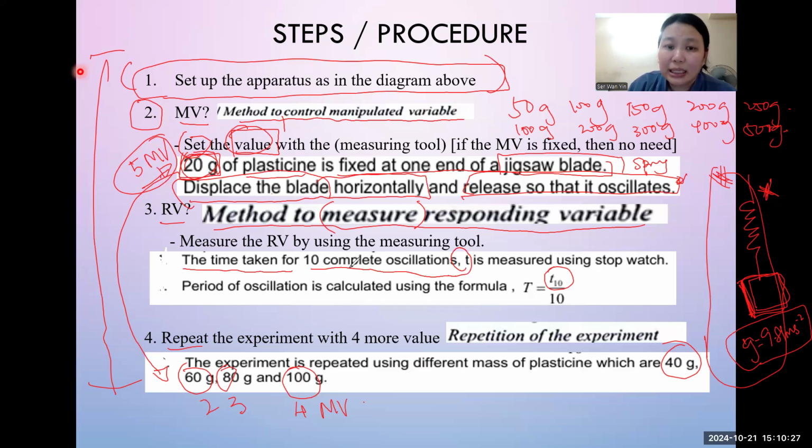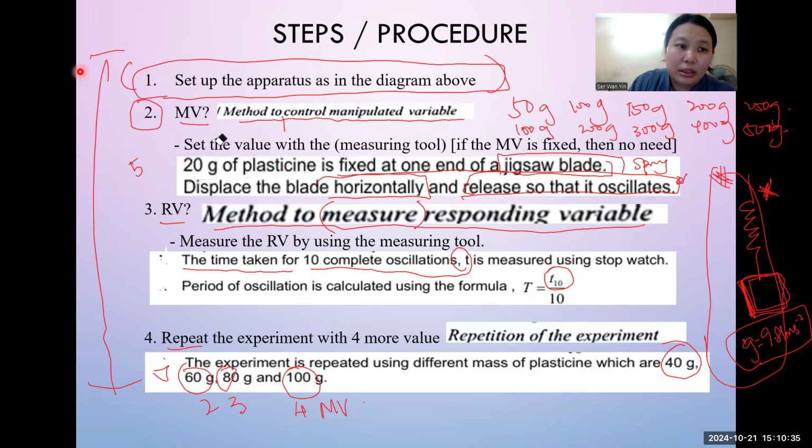Please write T, yeah? I prefer you all write this: plasticine of mass, comma, M equals 20 gram is fixed. Can you understand? You mention the manipulated variable is M, mass, comma, symbol M. Like this: time taken for 10 oscillations, comma, T is measured.